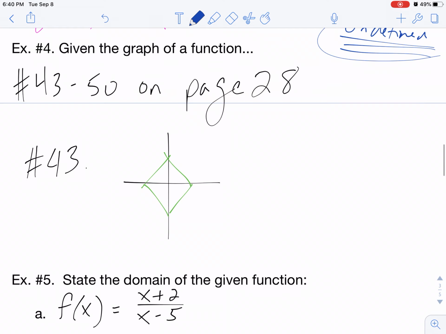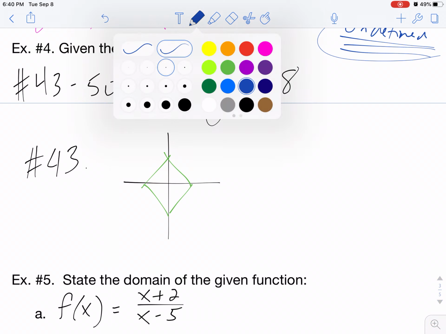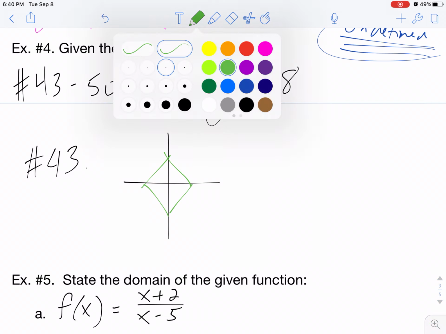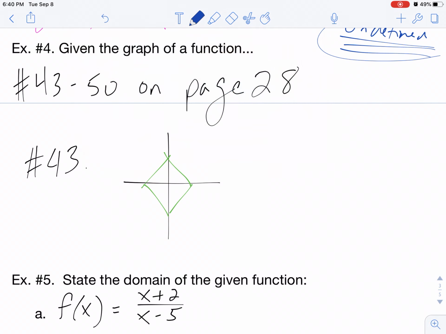Example number 4 here, I took this straight out of your textbook, and this goes back to actually review example number 1. So the question here is, does this graph show a function or not? The words in the book say, determine whether the graph is that of a function. And this demonstrates the vertical line test.